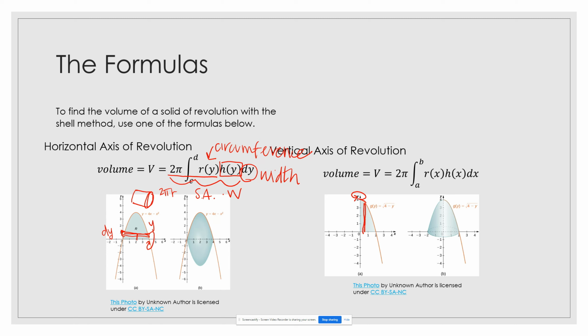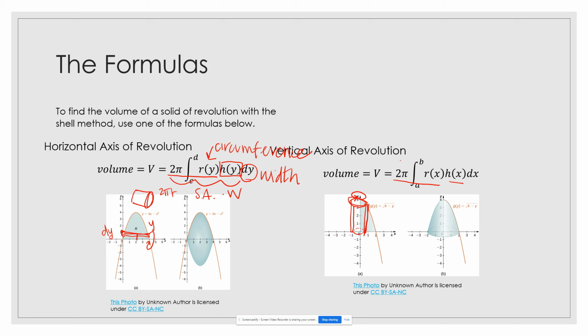And then we're going to spin this around and we are going to make a cylinder like this. And so again, to find the volume of the cylinder, we need to find the circumference, which is 2 pi r. We need to find the height, which is going to be h of x.